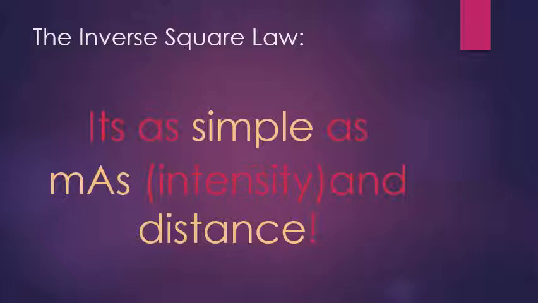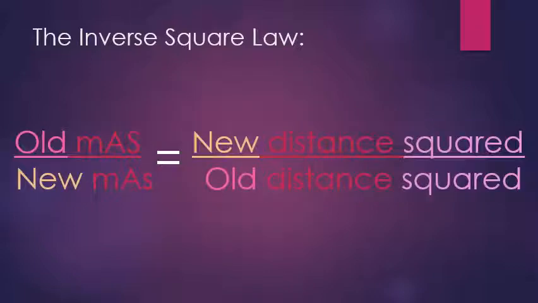Now I know you're thinking I'm crazy, but let's get a little deeper into it. So the old mAs over the new mAs equals the new distance squared over the old distance squared. Does that start to make a little more sense?